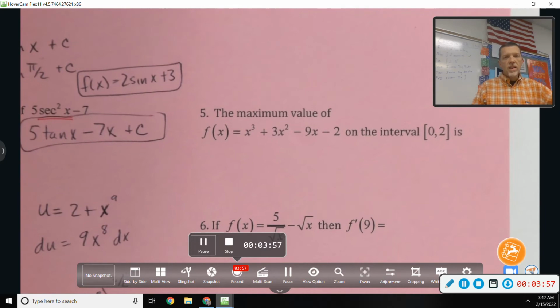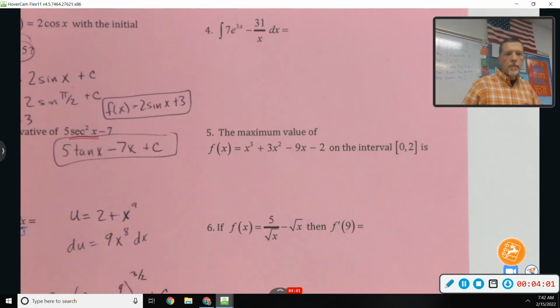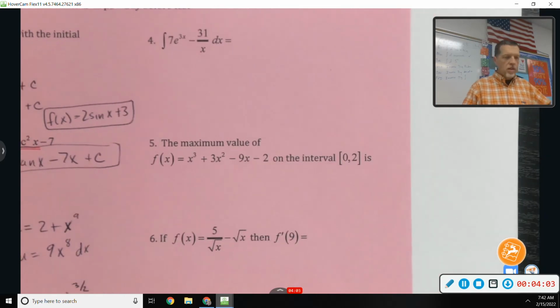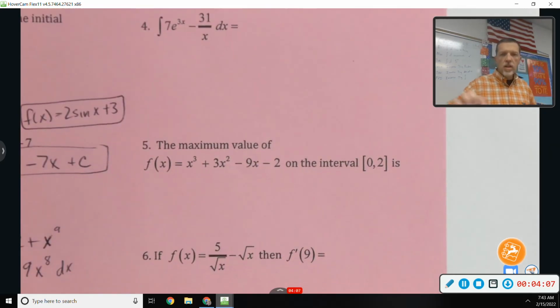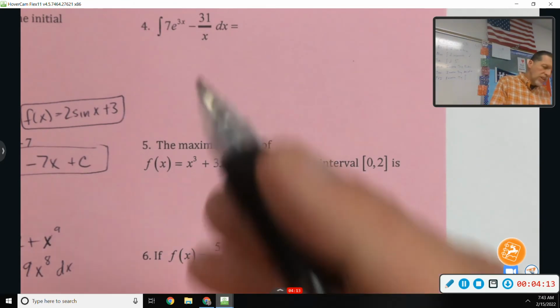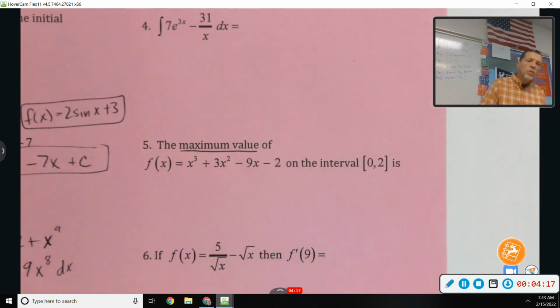All right, the next 3. So try those. One hint before we get started. The maximum value. So what is it looking for there? Is that the x value or the y value?